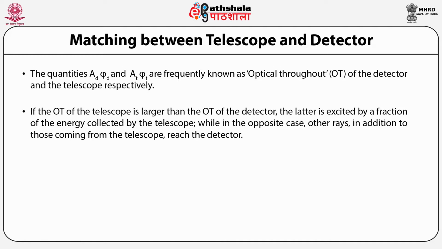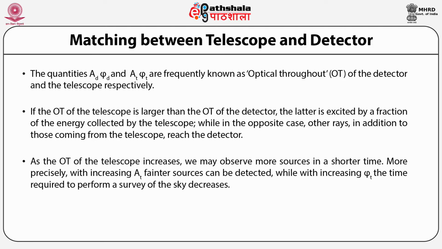In both cases, degradation is expected in the system performance, so the condition that we discussed, AD φd equals AT φt, is that of an ideally operating telescope detector system.